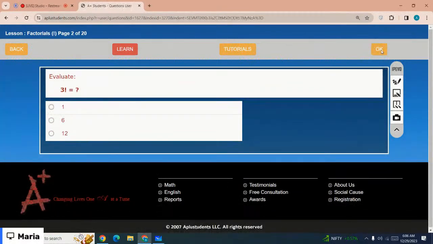Okay, the next one is 3 factorial. So 3 factorial equals, which is the correct option? Yes, 3 factorial equals 6. The correct option is 6. Very good.